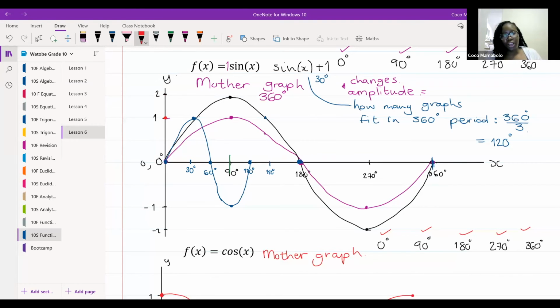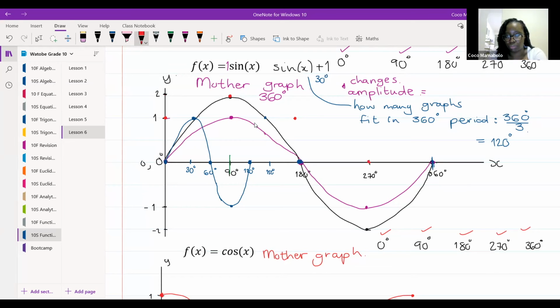And then go into your calculator, sine of 90, close bracket, plus 1. 2. Good. Cool beans. Then go to sine of 180, close brackets, plus 1 is 1. Right. Sine of 270, close brackets, plus 1.